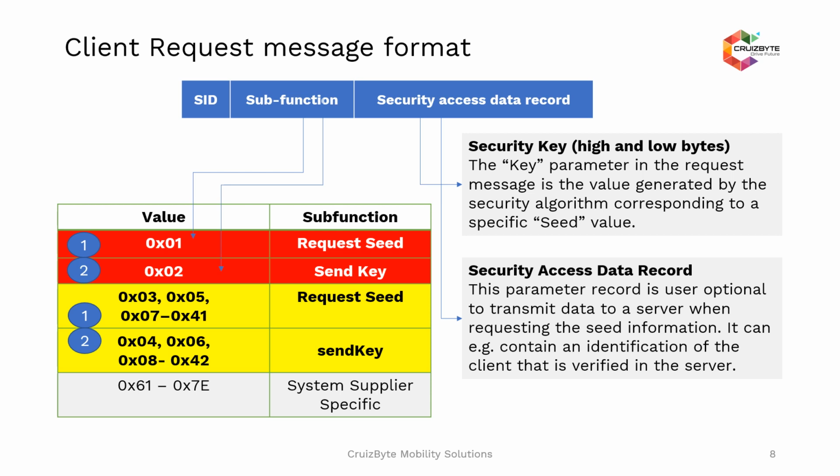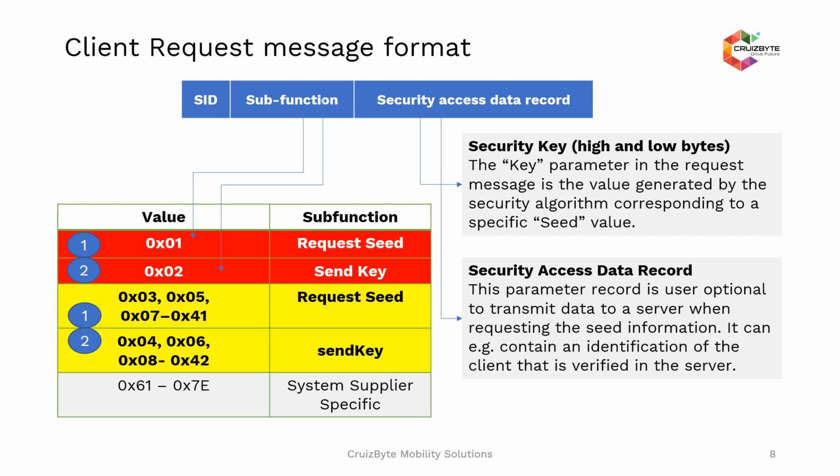This slide gives the overview of how the request message is formed. The request message from the client starts with the SID, followed by the subfunction, and the third thing is the security access data record.